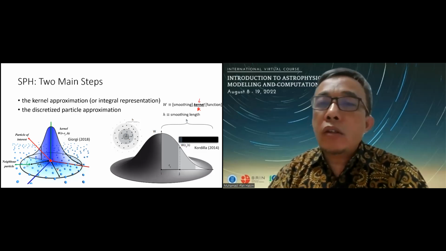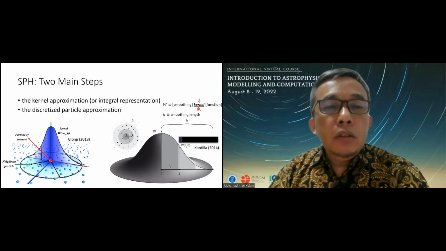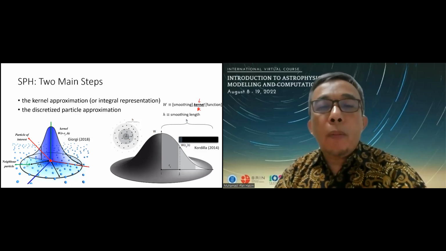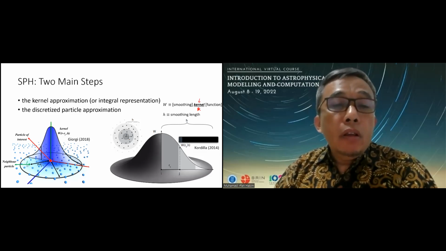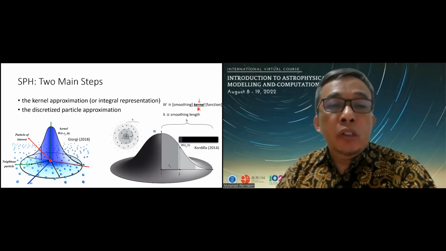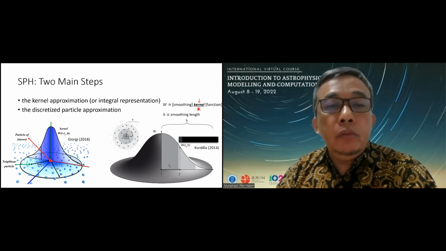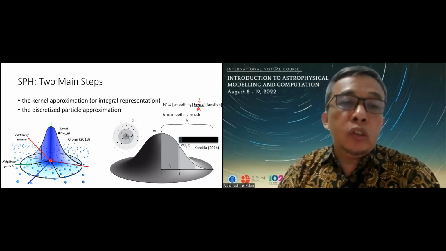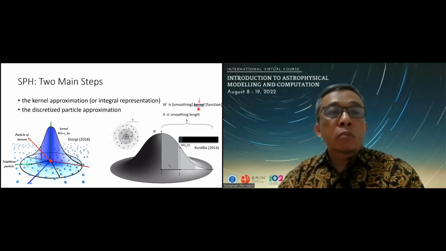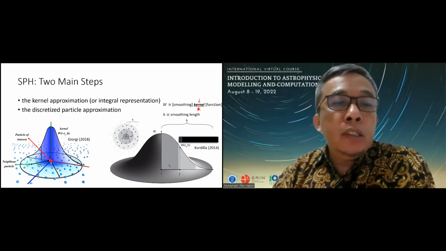By using this kernel function, we are quite sure that we have a guarantee that this is the list of the neighbors which contribute to the dynamics of particle i, the particle of interest.